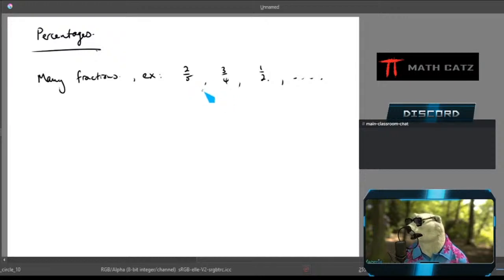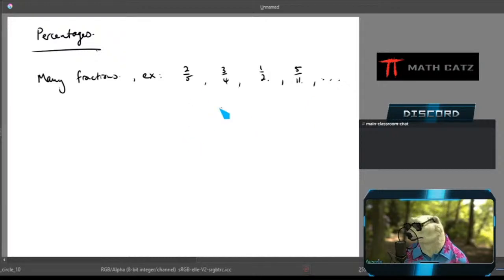Let's make another one here: 2/5 versus, I don't know, let's say 5/11. The bigger the denominator, the more difficult it could be to very quickly compare them and know which one's bigger, how they compare, if it's maybe a discount on an item in a store, which one's a better discount.